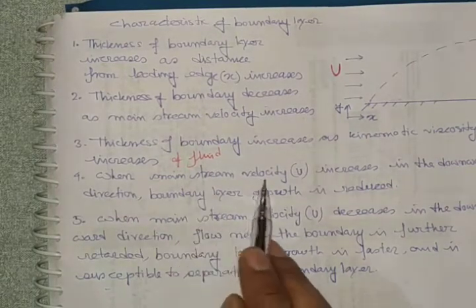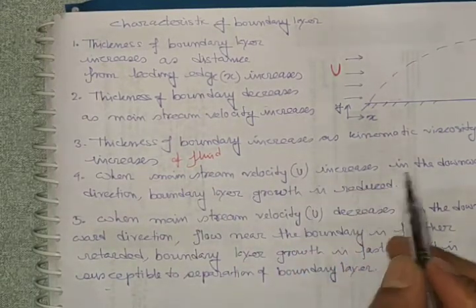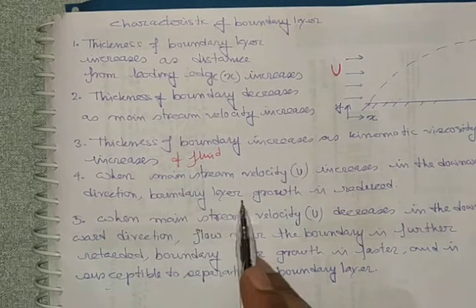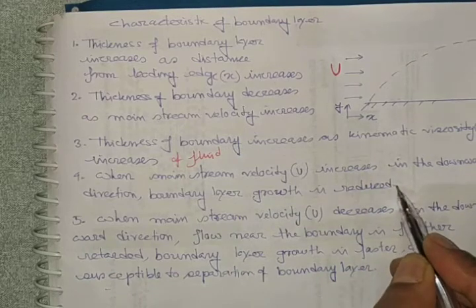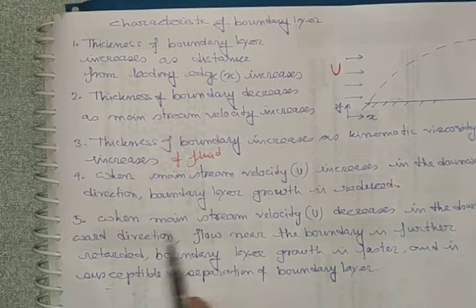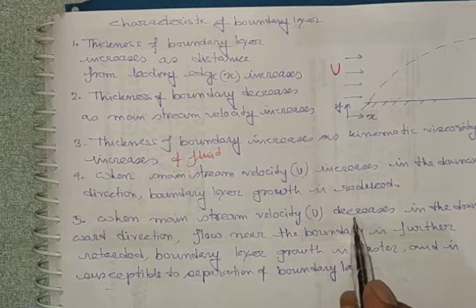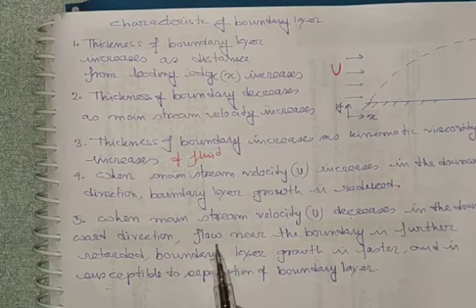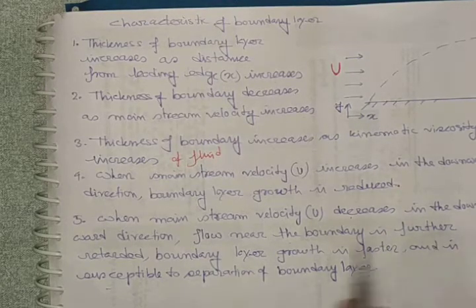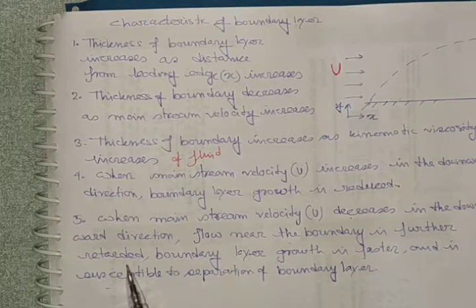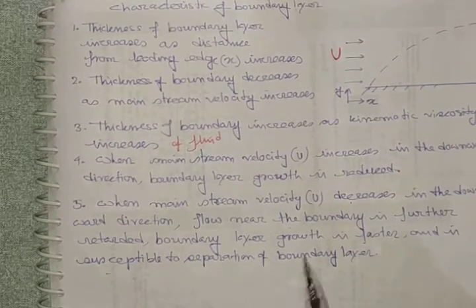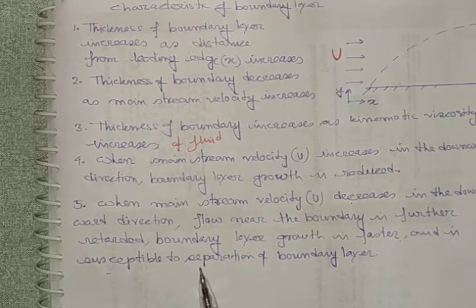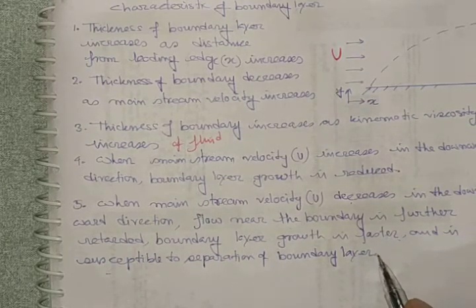When a mainstream velocity U increases in the downward direction, boundary layer growth reduces. When a mainstream velocity U decreases in the downward direction, flow near the boundary is further retarded, and boundary layer growth is faster, and it is susceptible to separation of the boundary layer.